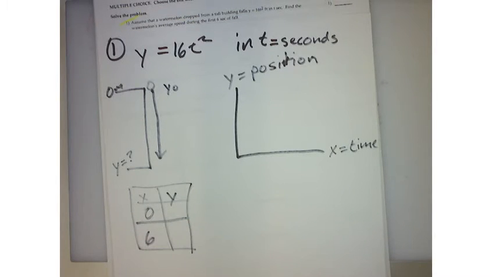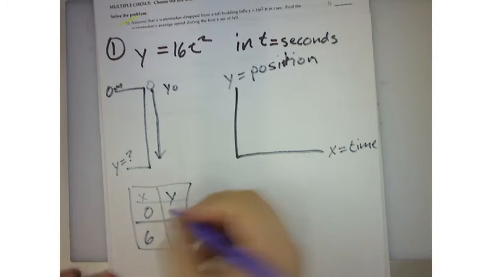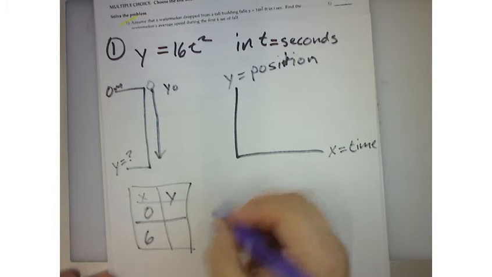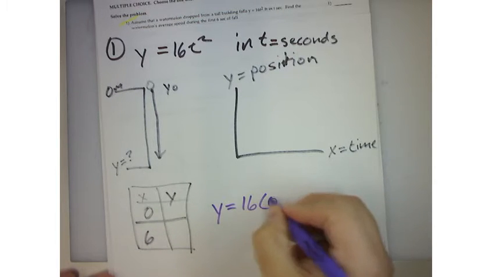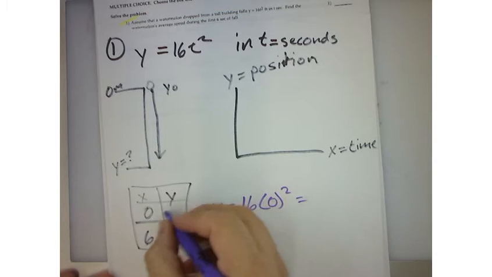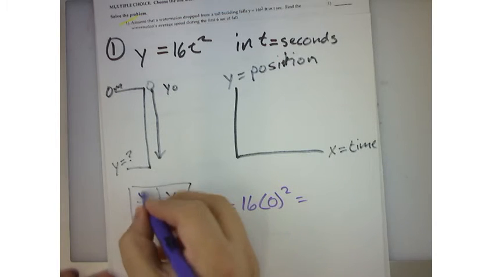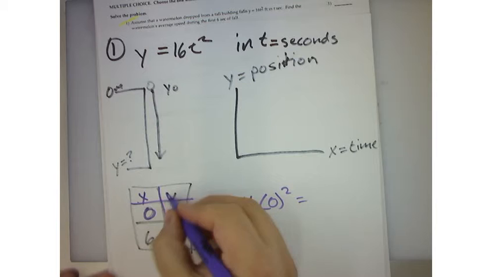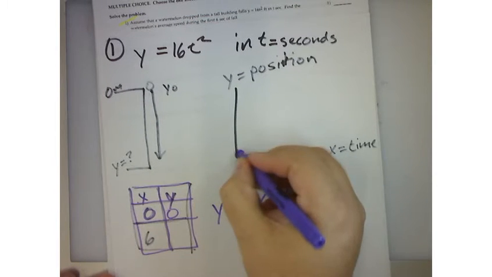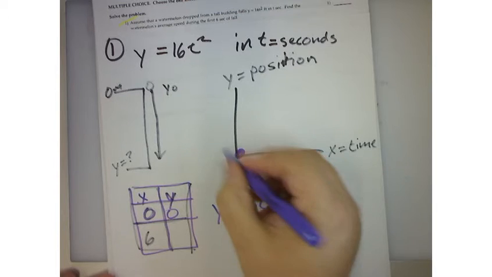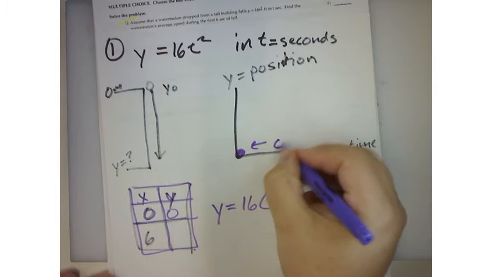All right? And so, yeah, that's what I'm doing. So for my y value, I get y equals 16 times 0 squared, which is just 0. So when x equals 0, y equals 0, right? Now what that looks like here is the point 0, comma 0.